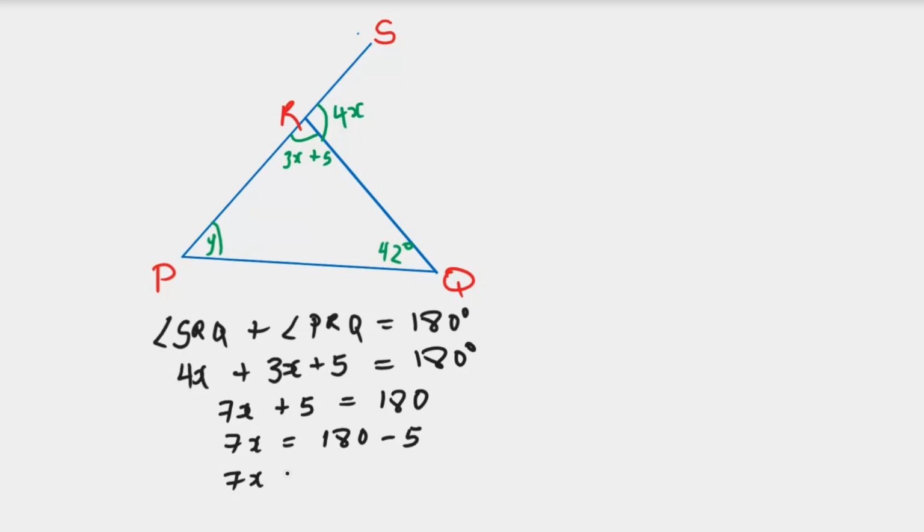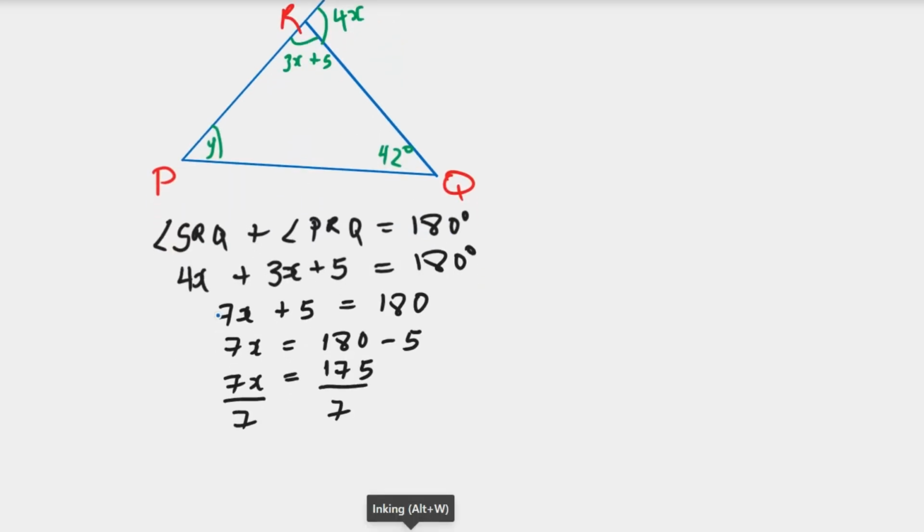So 7x is equal to 175. So we have to divide both sides by 7. Let's do the division here. 7 can go into 175 35 times.